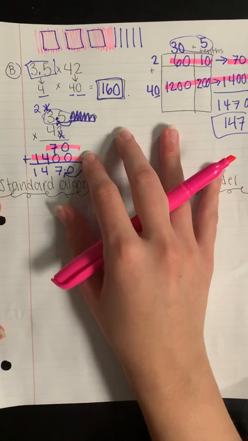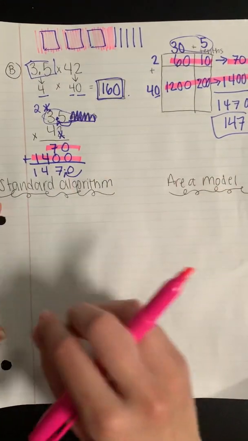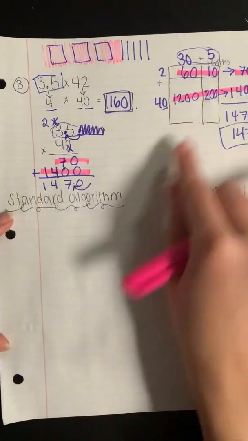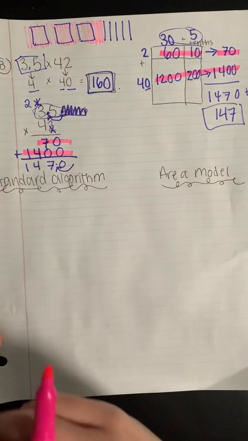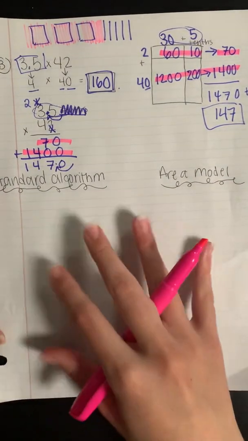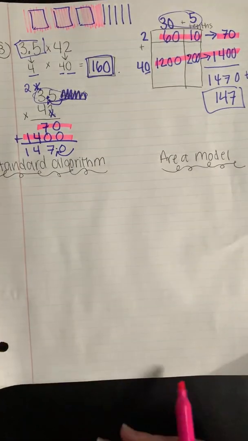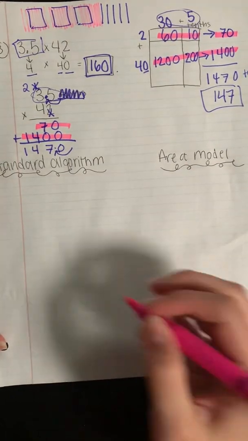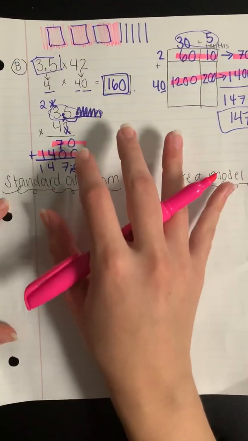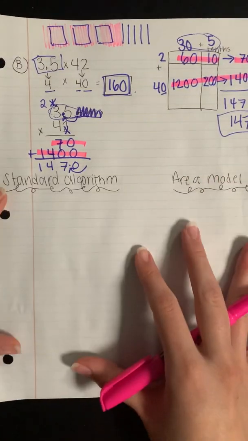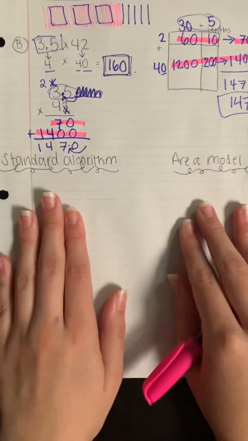This will be a really good summarizing strategy for you to use so that you can reflect on what we just practiced up here, so that later today, tomorrow, a week from now, a month from now, you can look back at your notes and say, oh, these are the steps for how to use the area model. Oh, these are the steps for how to use the standard algorithm when we have decimals. And it'll be more meaningful if it's in your words, okay?